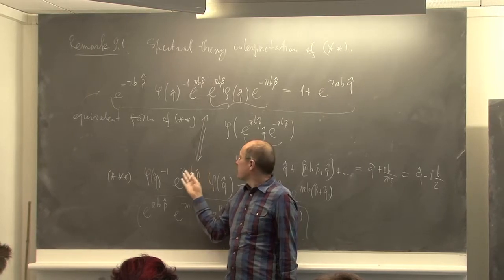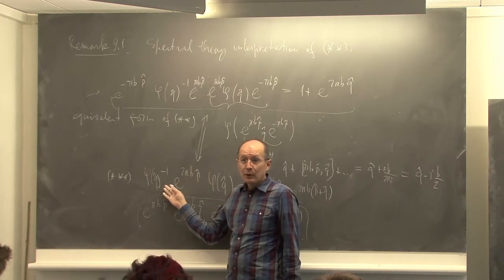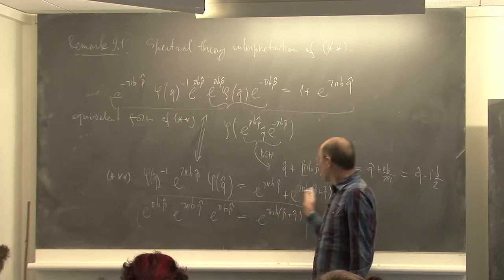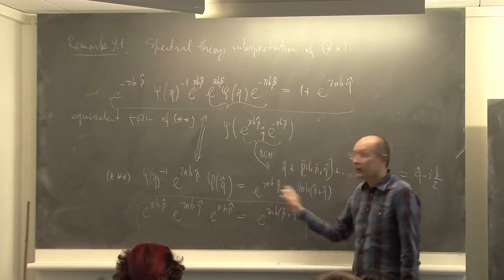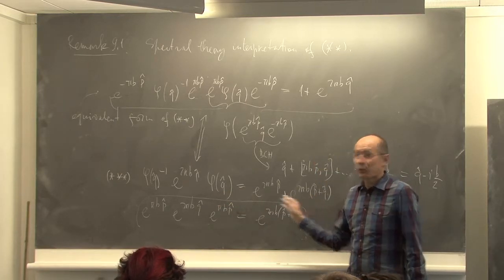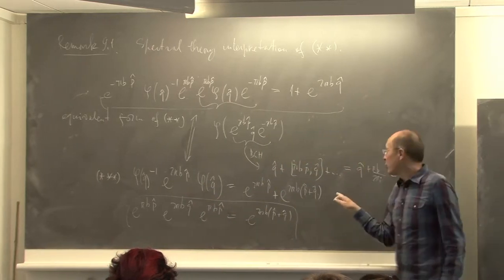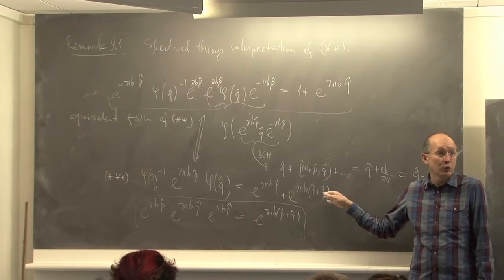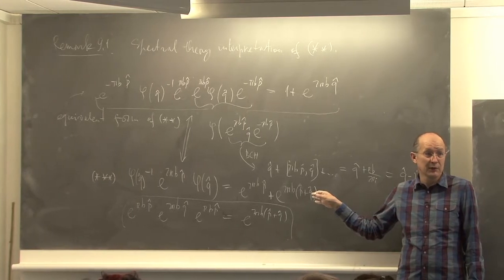And now if we assume that our phi is unitary, then this equation just tells us that we have a spectral decomposition for the right-hand side. Right? We conjugate by a unitary operator something known, and we get an operator for which a priori we don't know how to solve the spectral problem. It's much more difficult.